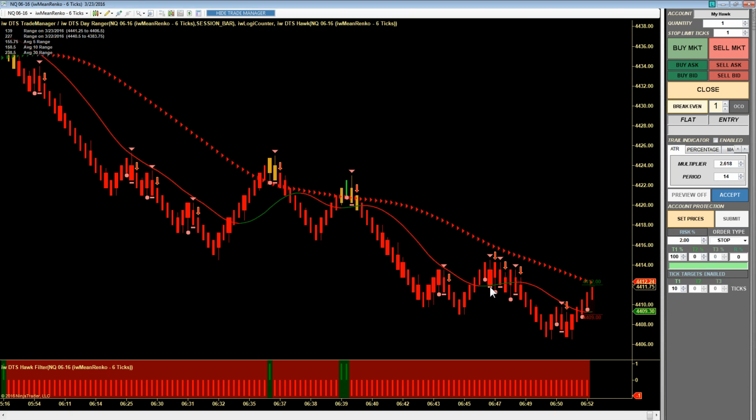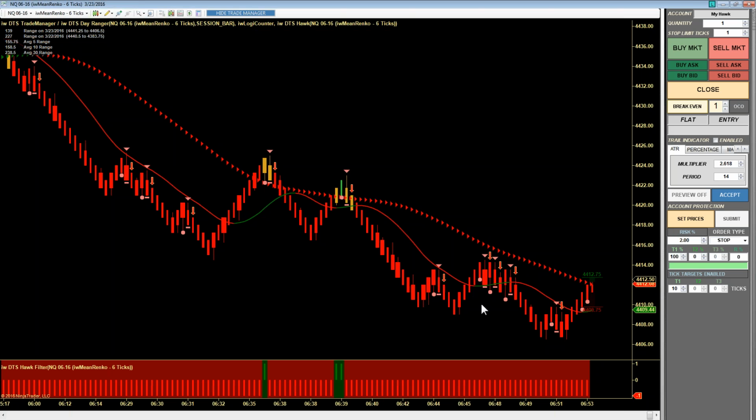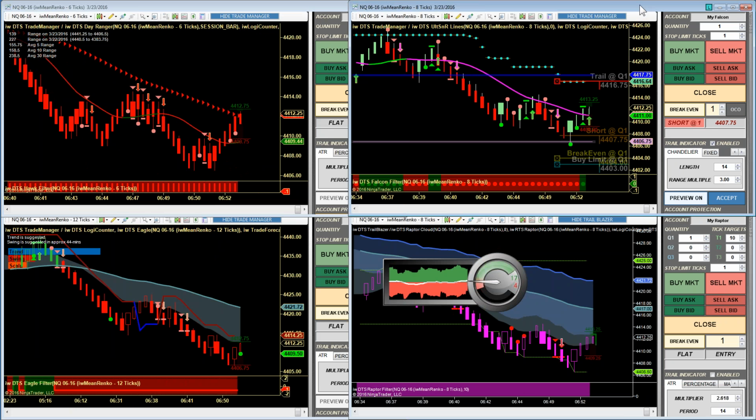But everything else stays in sync. So you see we've got red bars, red trend line or macro line, red filter, but a green micro line. That's a sell signal. That's a high probability sell signal. Way to go, Tony.